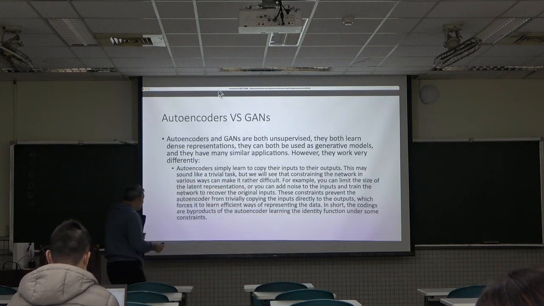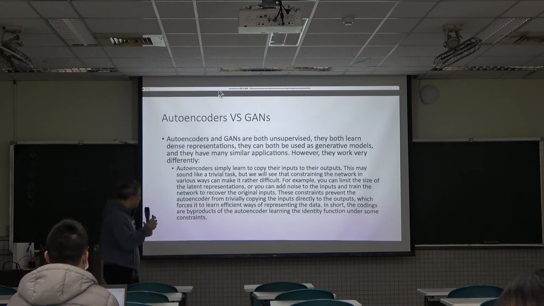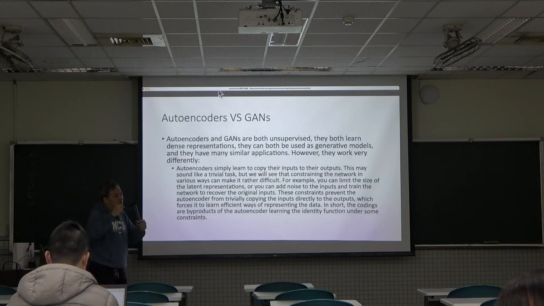Of course, the application of an autoencoder is not to copy the input to the output, otherwise why would you need an autoencoder? When you are able to learn the dense representation, you have a lot of applications that you can do with the autoencoder.